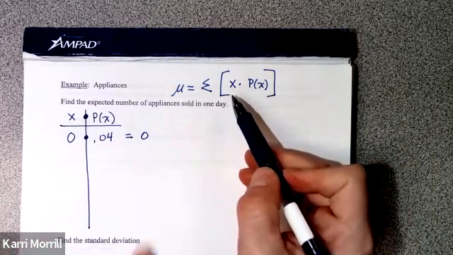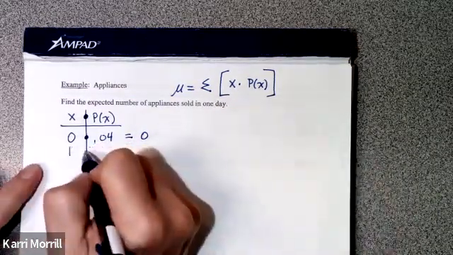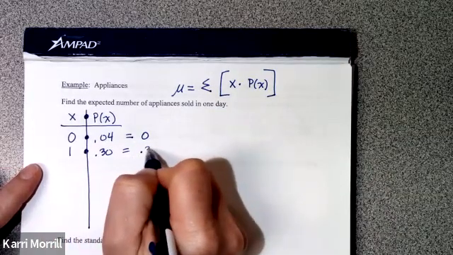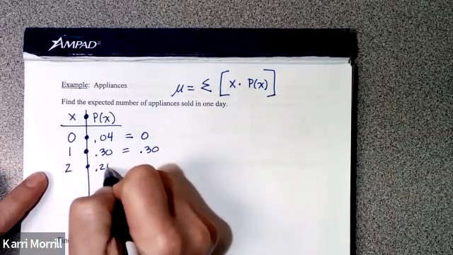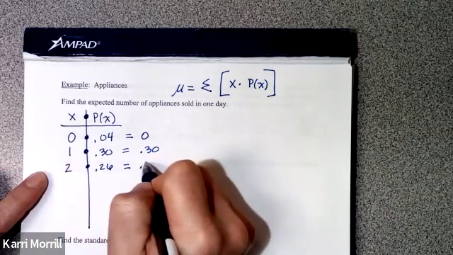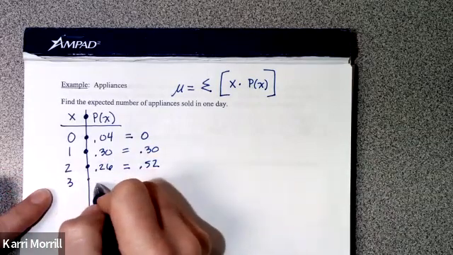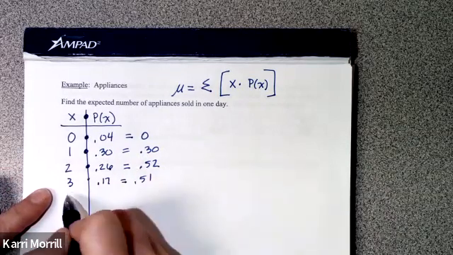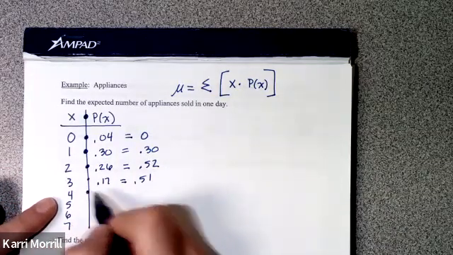And then we're going to sum them up on the outside. For 1, we're taking that times the probability, which was 0.30, so that would be 0.30. For 2 appliances, the probability is 0.26. So when we multiply that, we'll get 0.52. 3 appliances is multiplying times 0.17, which gives us 0.51. 4 appliances, 0.12.